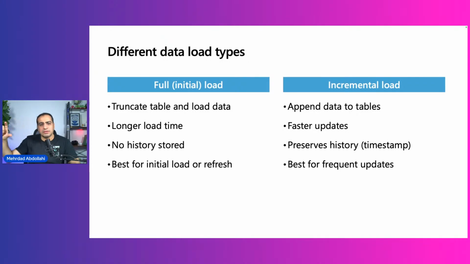Then you only get the new or modified records into your fact table. Of course, it is faster because we are not going to load the whole data. For incremental load, we have the history of the data, by a date or something like that, and it is really the best option for frequent updates.